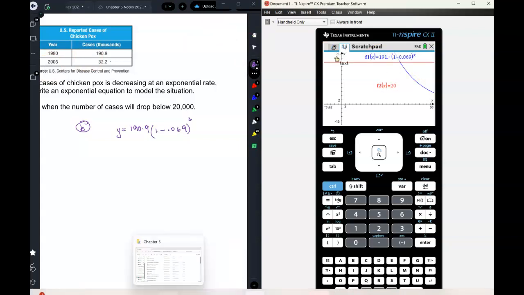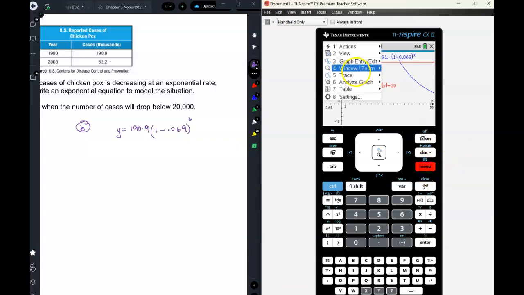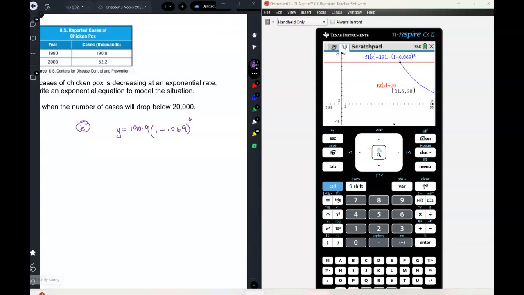So if I wanted to drop below, yeah, 190,000 and so on. So here, look at this. That's the intersection, right? So the graph is coming over. At this point, it drops below 20,000. And if I go over and find that point of intersection, it's 31.6. So t equals 31.6.